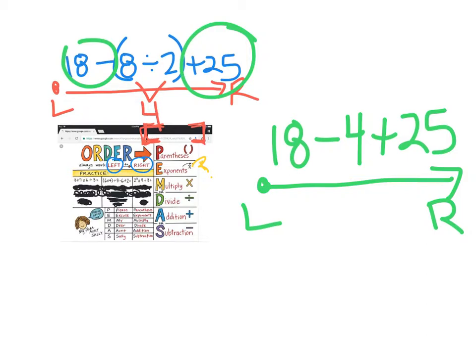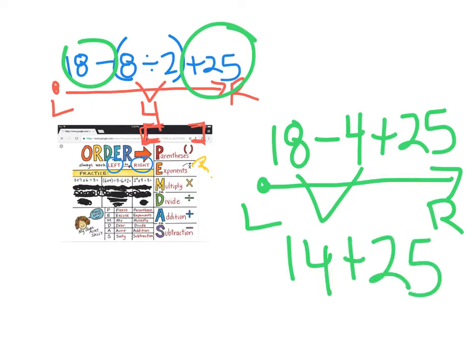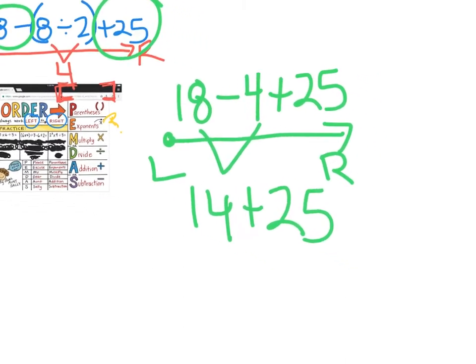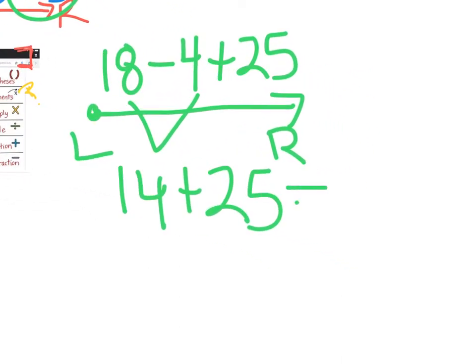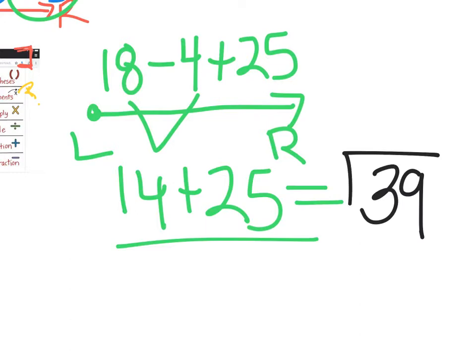Well, I can see here that subtraction is first. So I can subtract 18 minus 4, which would be 14. And then I bring down the plus 25. Now, once I get down to 2 numbers, I can just solve it. 14 plus 25 is 39. And that is my answer.